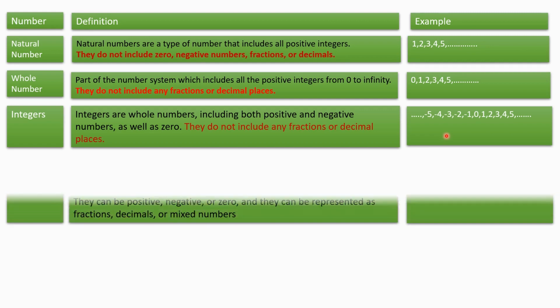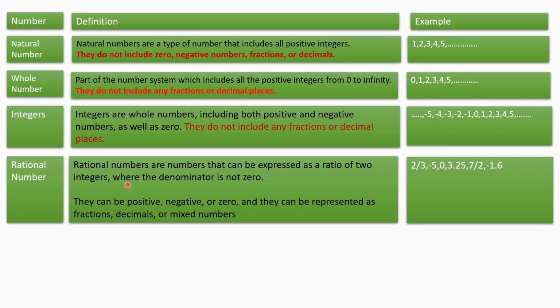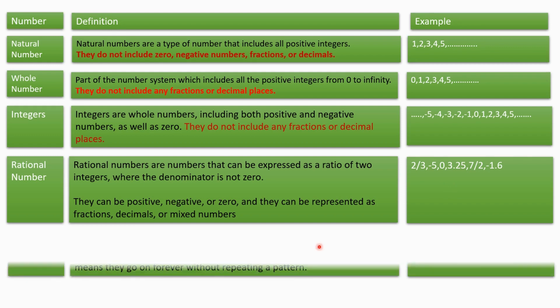Rational numbers are numbers that can be expressed as a ratio of two integers, where the denominator is not zero. They can be positive, negative, or zero, and they can be represented as fractions, decimals, or mixed numbers. Example: 2/3, 5, 0, 3.25, 7/2, 1.6.